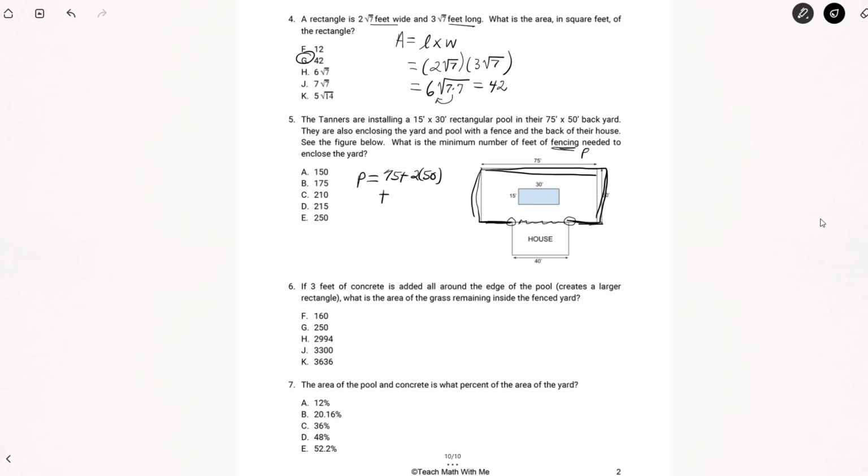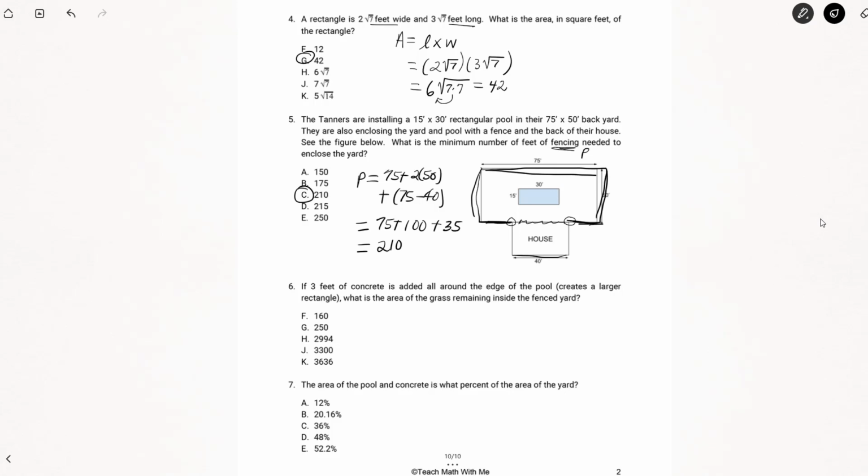Well, we know the total was 75, and we could subtract out the length of the house, which is 40, and that gives us how much on either side there. And then we can just add up those numbers, 75 plus 100 plus 35. So when we add up those 3 numbers, we get 210, which is answer choice C.